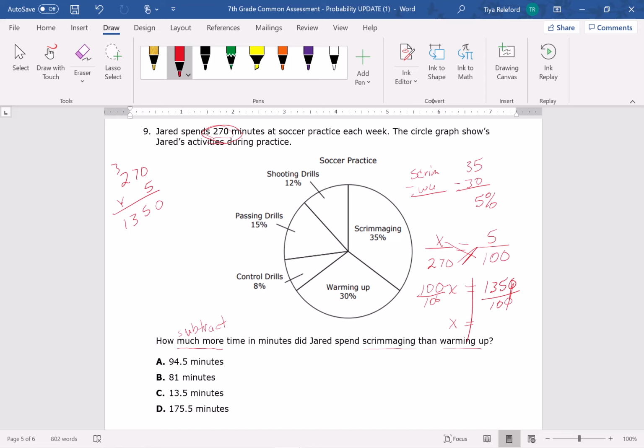My division problem then is 135 divided by 10. X equals 13.5 minutes.